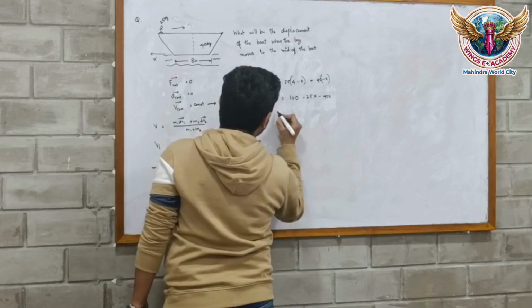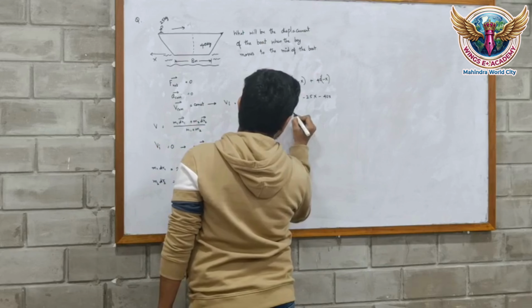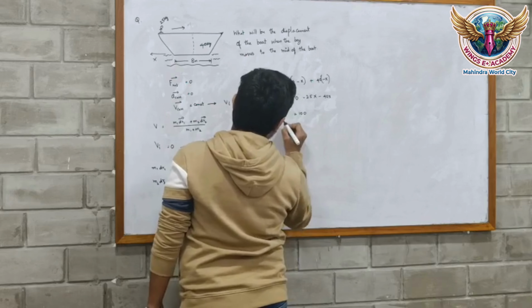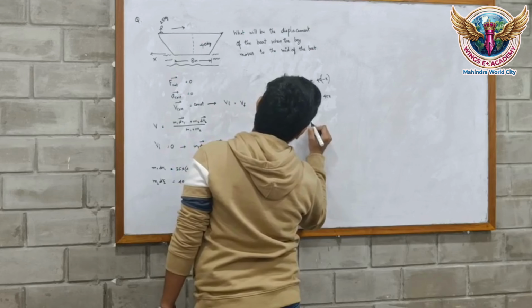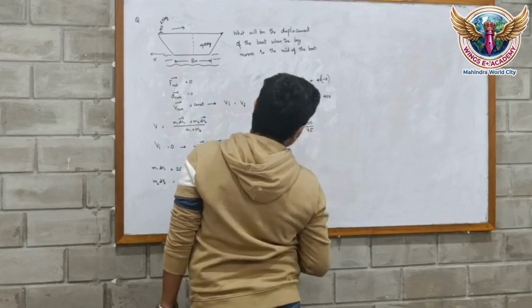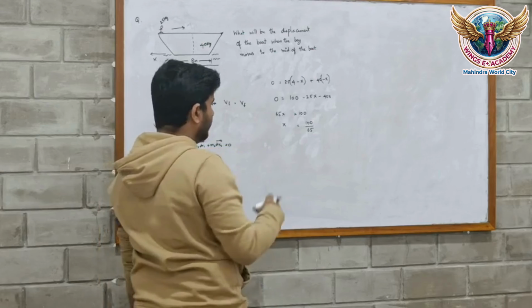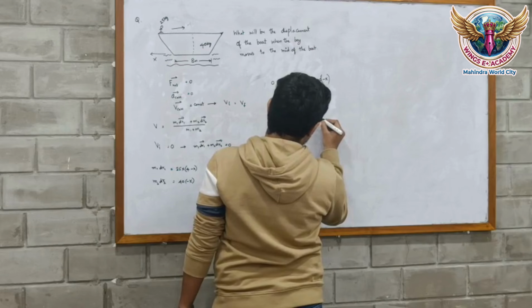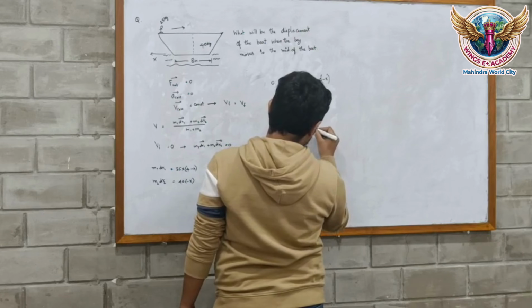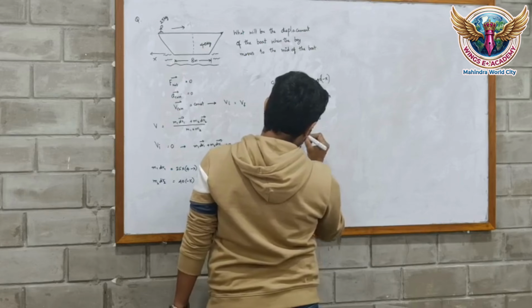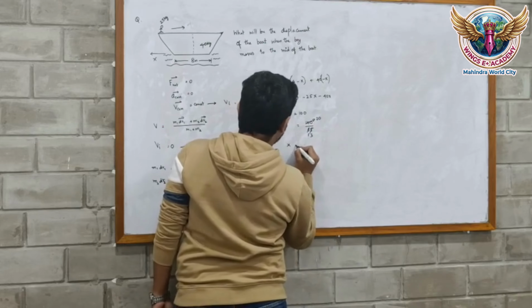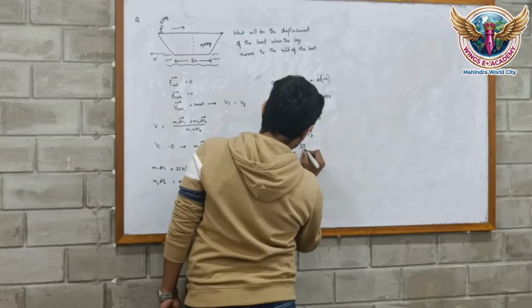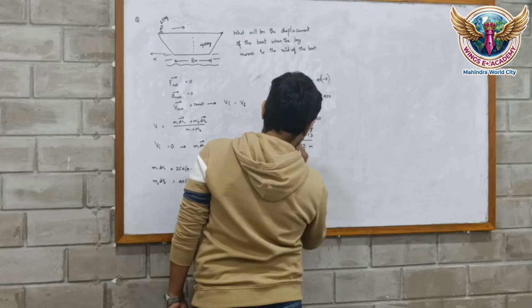So you add both of these. 65x is equal to 100. So x is equal to 100 by 65. If you calculate this value, you get x is equal to 20 by 13 meters.